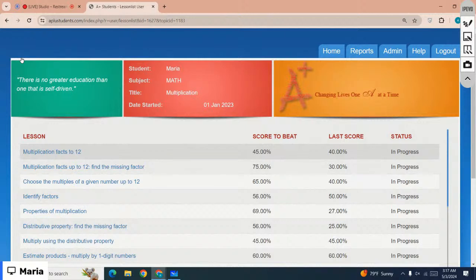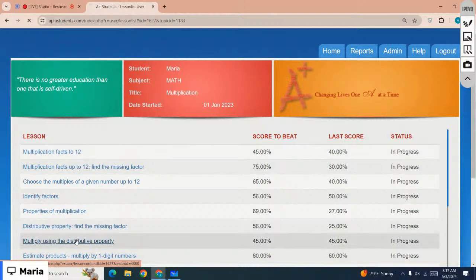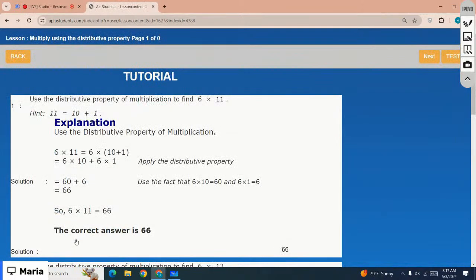The next lesson is estimate, multiply using distributive property. So how do we multiply? Now we know what the distributive property is. We have to see how we multiply using the distributive property, right?